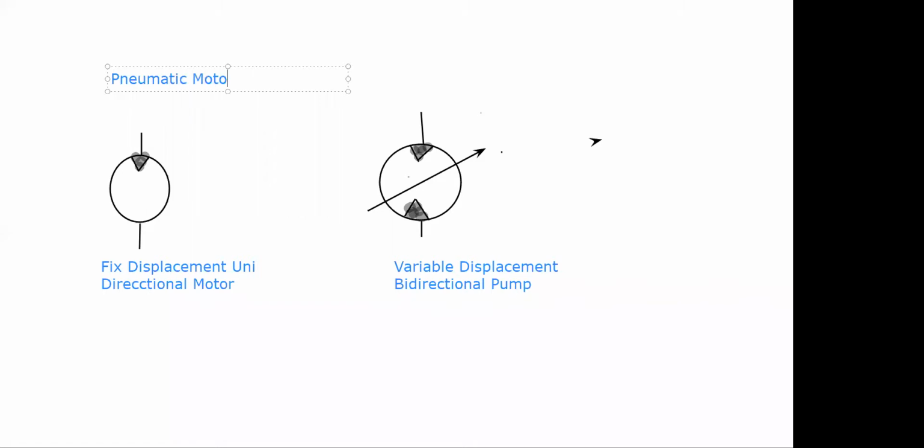I already showed you that the difference between hydraulic and pneumatic is only that we change the shading in that triangle here. So if you remove that shading here, then it becomes a pneumatic motor.